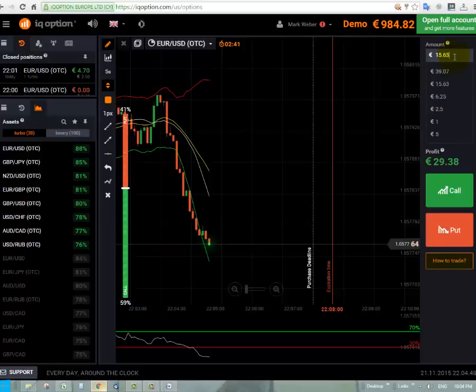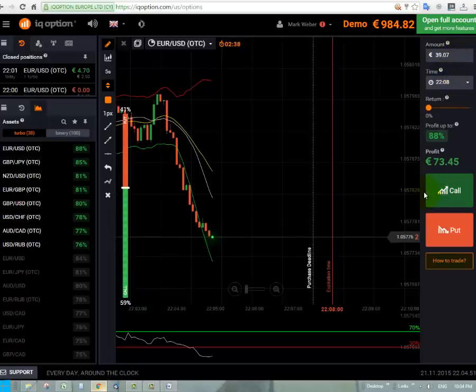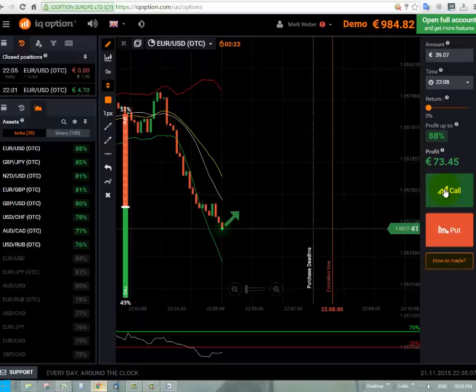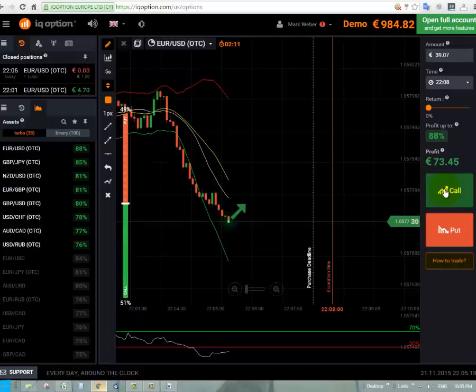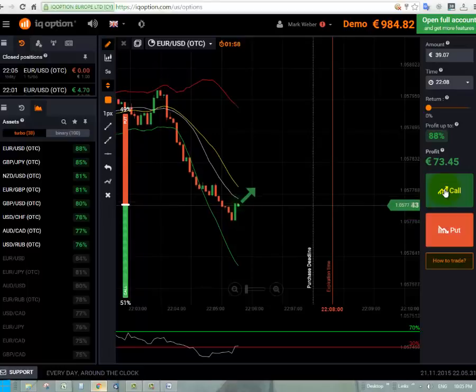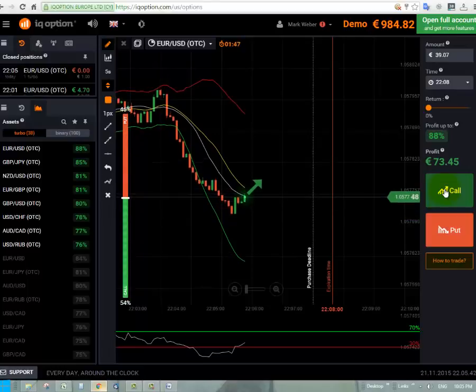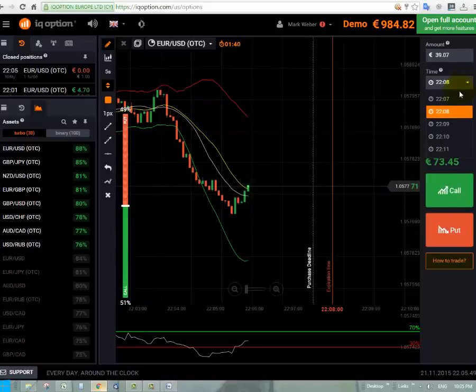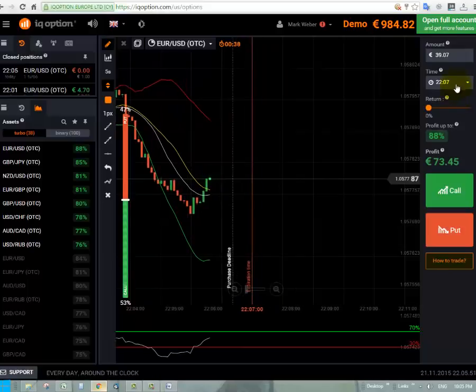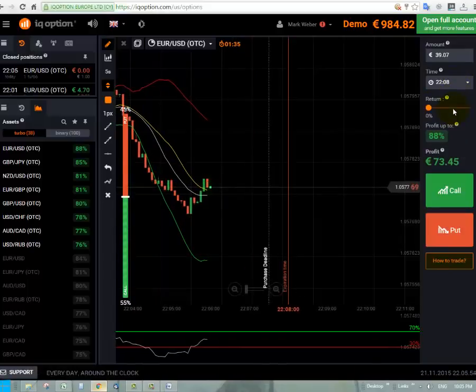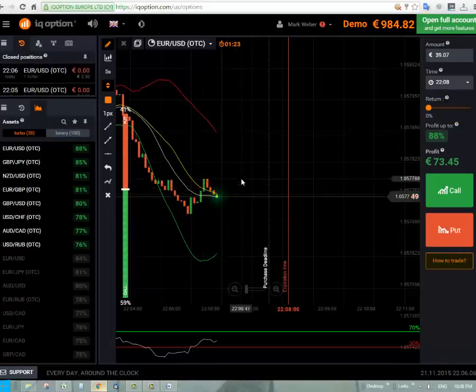Also for the fifth position. Now, as you can see, probably we will win 2 positions, so our profits will be multiplied, but we will have to wait for the trend to stabilize.